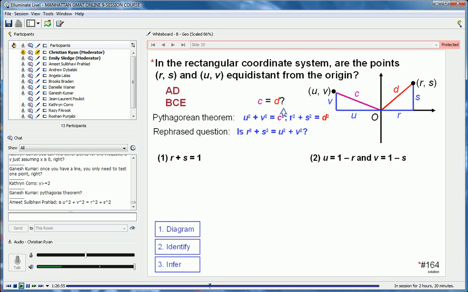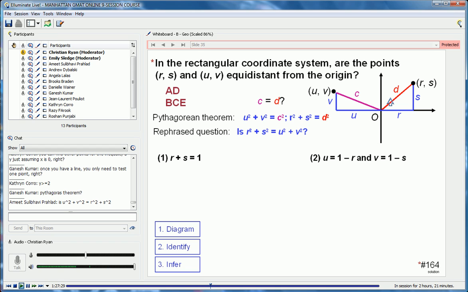Notice, by the way, c equals d, we can really rephrase that as c squared equals d squared, because we would technically be taking the square roots of both of these sides and then just squaring them. So technically the question would be, is the square root of r squared plus s squared equal to the square root of the other side? And then we just square both sides and we're all set. And all these c and d must be greater than or equal to 0, so we're fine.